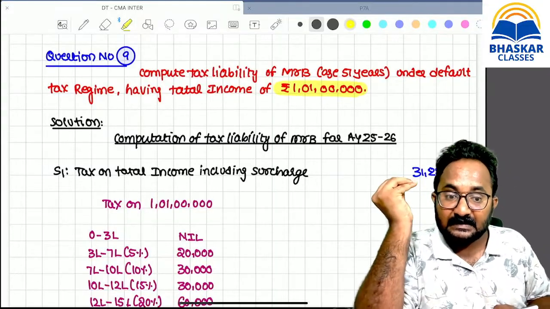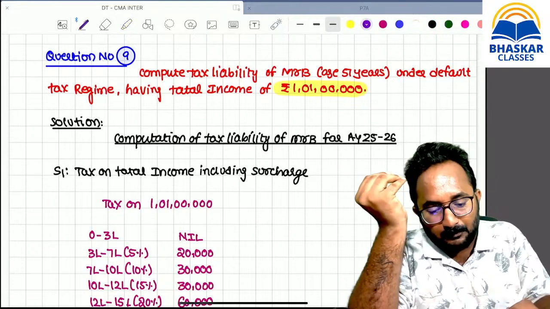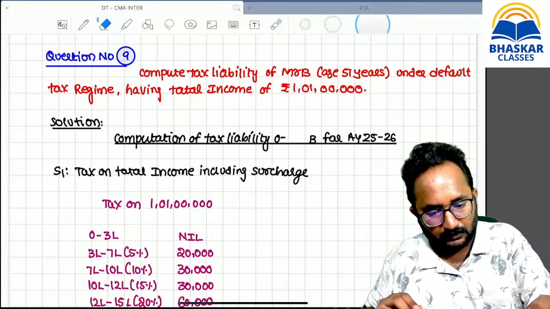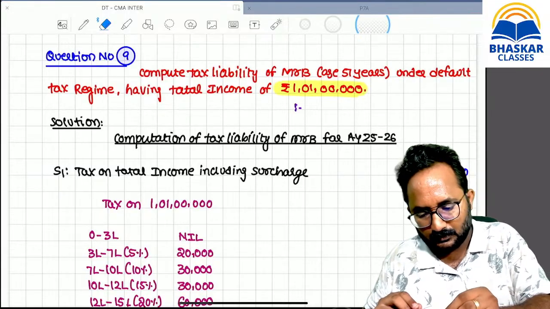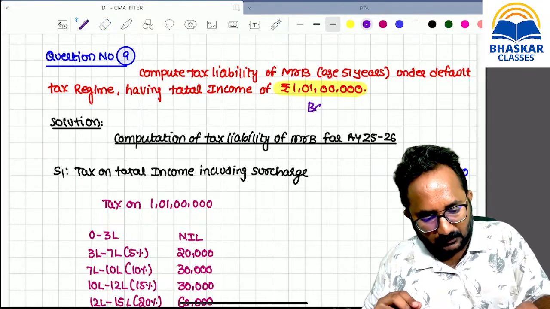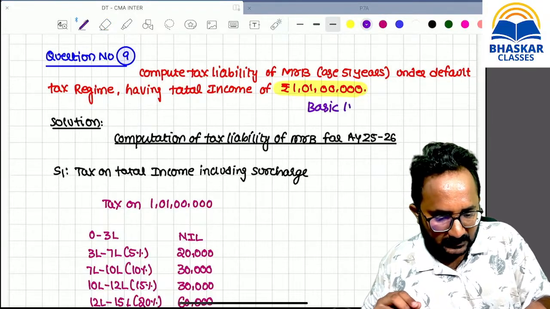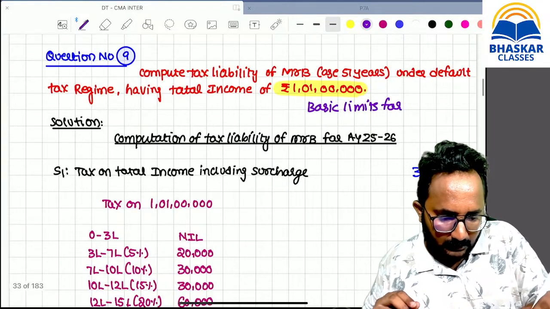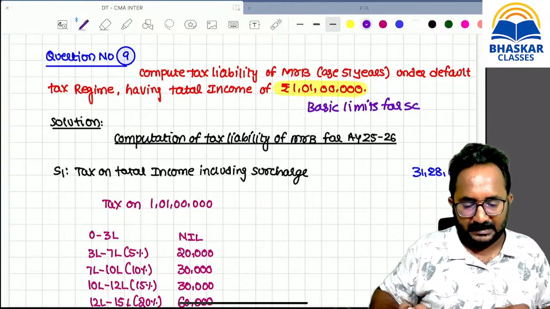Definitely, because 1 crore is the basic limit for surcharge for an individual. So over and above 1 lakh only is there, that's why you will definitely get it.